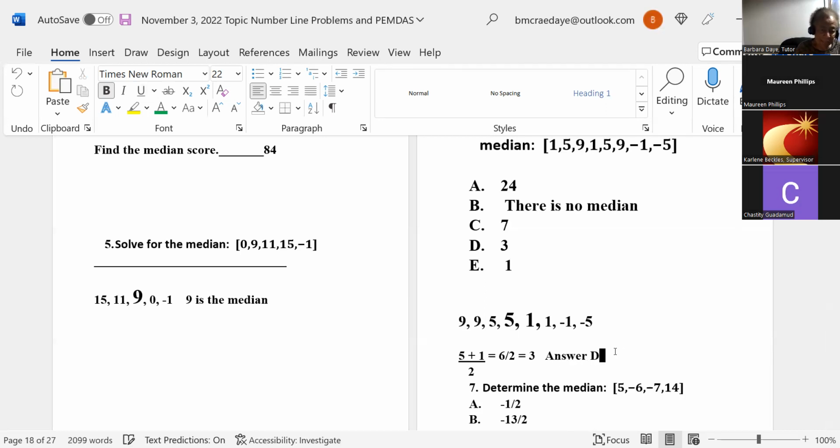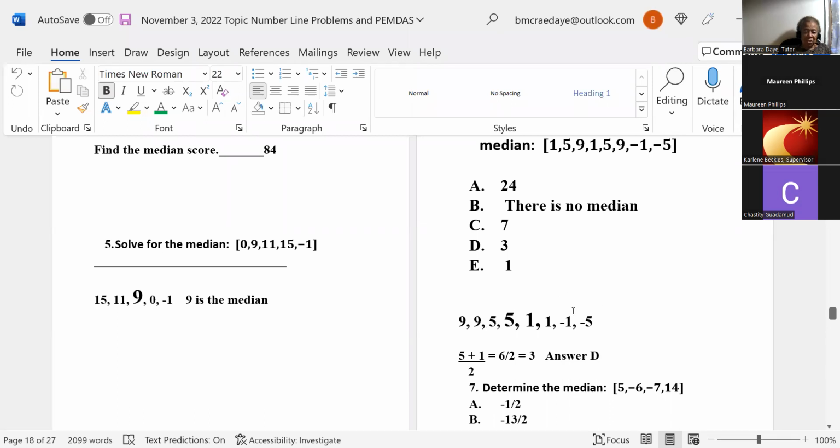Miss Barbara, when you said that, it's divided by 2 always? Yeah, whenever you have an even set of items in your data set, Chastity, you pick 2 numbers in the middle, add them, always divide by 2, because they're only 2 items.